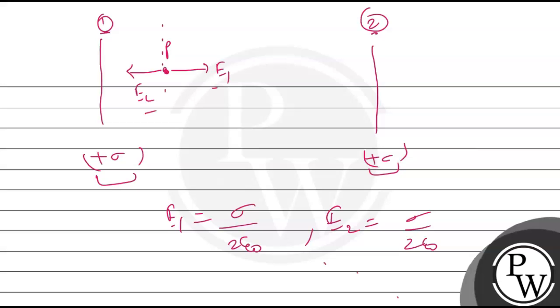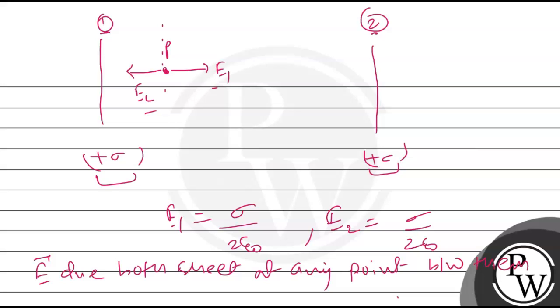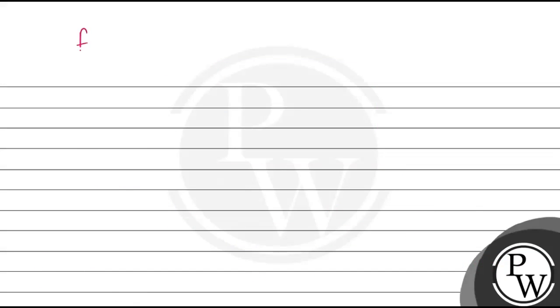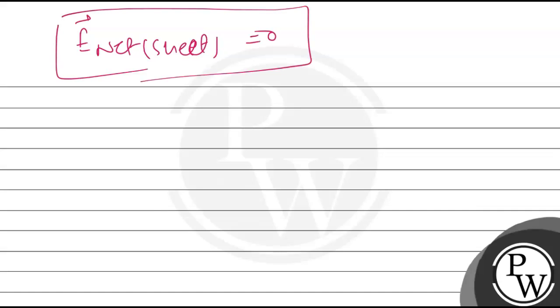We can conclude that the electric field due to both sheets at any point between them will be 0, that is, the net electric field due to the sheets is equal to 0 at all points.